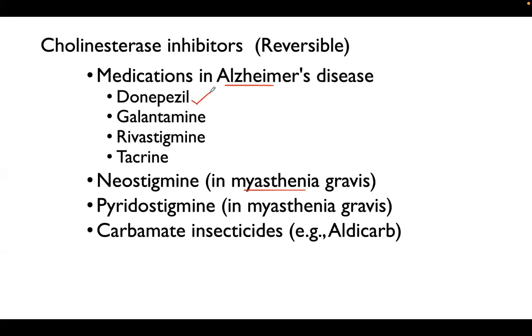Other cholinesterase inhibitors are galantamine and rivastigmine, and of course, the older cholinesterase inhibitor, which has been pulled out of the market because of side effects, is tacrine. In myasthenia gravis, the drug of choice is pyridostigmine. Intravenous form is neostigmine. So please take note of that.